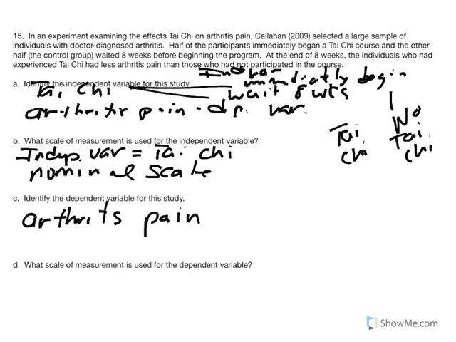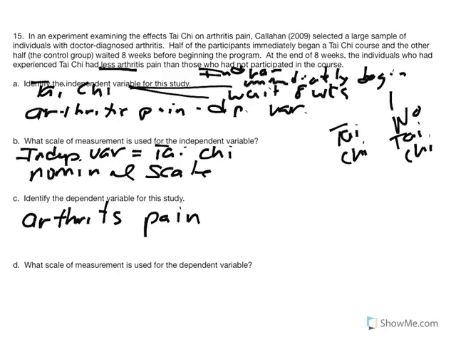Okay, and this one takes a little bit more thought to determine what kind of scale of measurement we're working with. But what we should hone in on is this last sentence here. At the end of 8 weeks, individuals who had experienced Tai Chi had less arthritis pain than those who had not participated in the course.